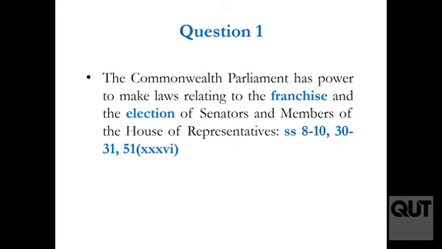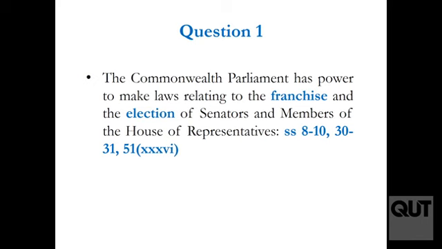So hopefully you'll recall, it was a little while ago now, it was in tutorial 3, we looked at this broad topic, and we found that the Commonwealth Parliament does have power to make laws providing for the qualification of electors or voters for the House of Representatives and the Senate. This is known as the franchise.